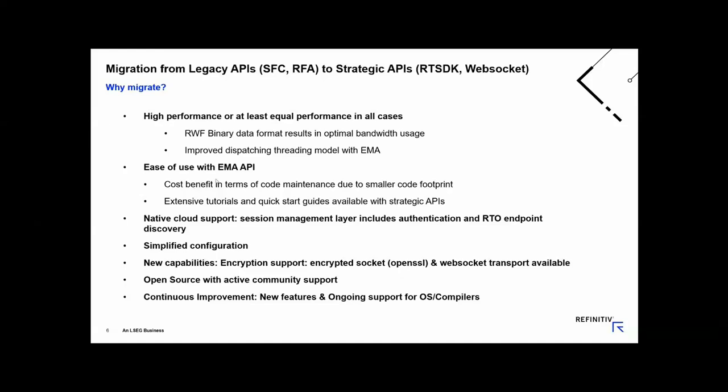Okay, in terms of the RTSDK, the one that's most used by most of our customers is the Enterprise Message API, known as EMA, which is an ease of use layer built on top of the ETA, which is the Transport API, which is the one that's used to actually develop our ADS, ADH, and so on. So what are the benefits of using EMA?